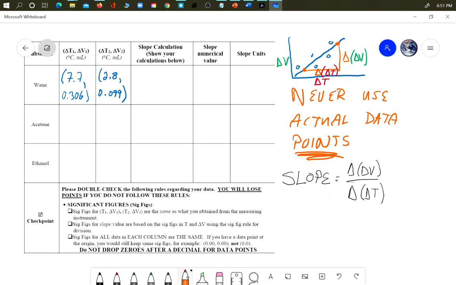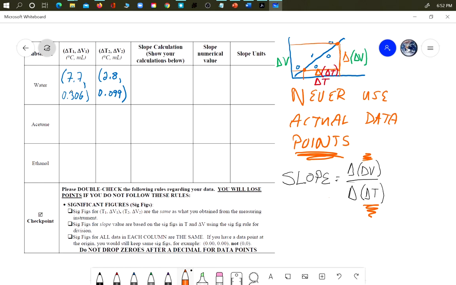So what we need to do is find out what are the values of the change in volume and the change in temperature, the change in those from some points on the line. And so what I did is generated some points. I went back to a graph and I took data points from the line. I read it physically off of the graph. I read the x and y value for each one of these.